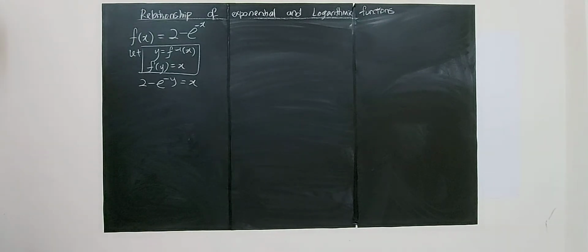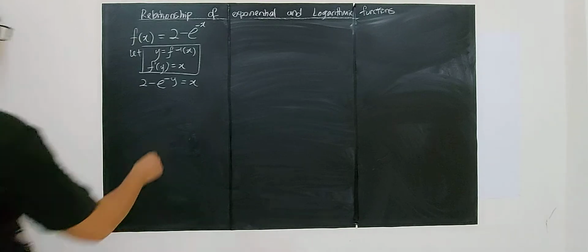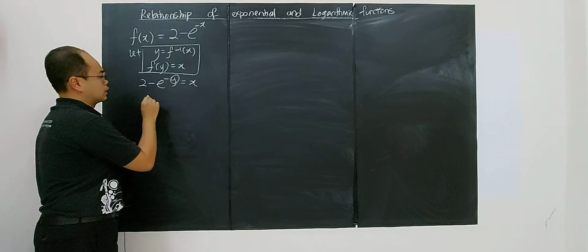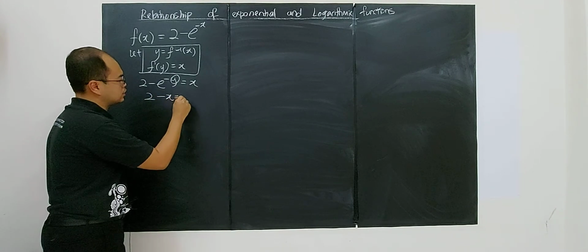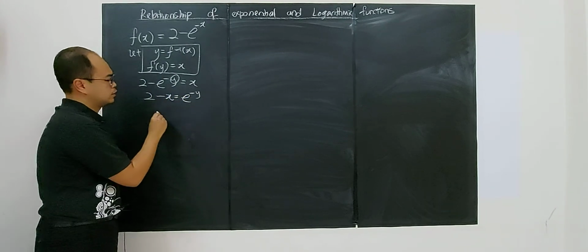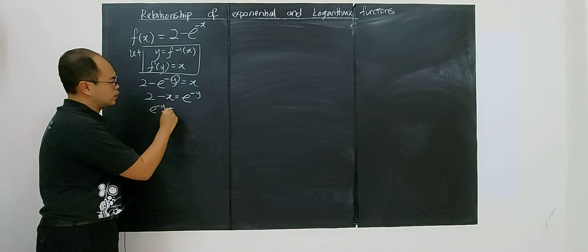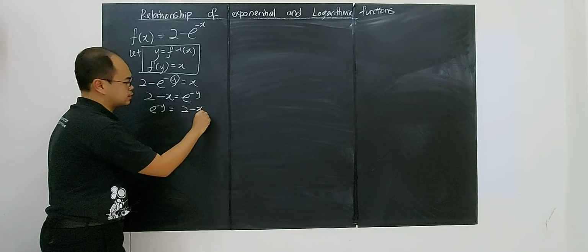You change y to be the subject. So you bring the x over: 2 minus x is equal to e to the power of negative y, or we can say that e to the power of negative y is the same as 2 minus x.